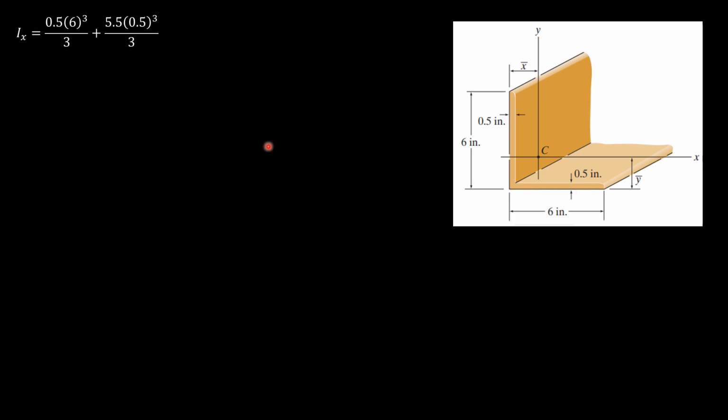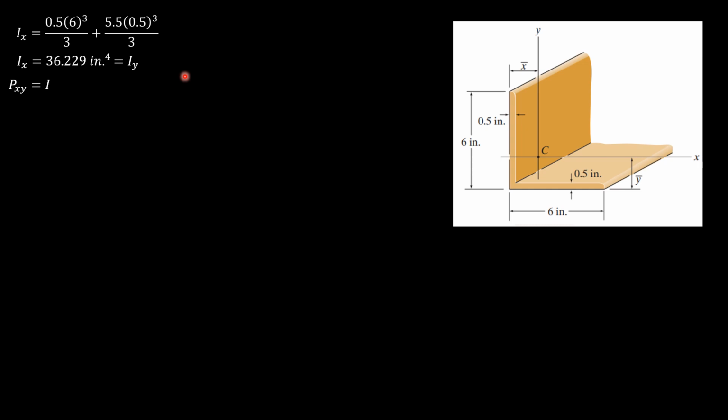That's the same rectangles. So it is equal to 36.229 inches to the fourth, and that is also equal to Iy. Because x bar is also equal to y bar, which is 1.685 inches from our preceding calculations.